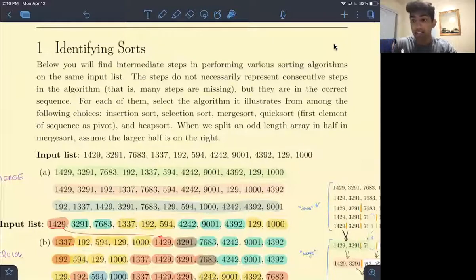Selection sort, in the same regard, just moves smaller people to the left. Merge sort also wouldn't move a smaller element to the right-hand side. And we can also see that quicksort, since we've already seen it, we can eliminate it, but it also wouldn't do such a drastic change.